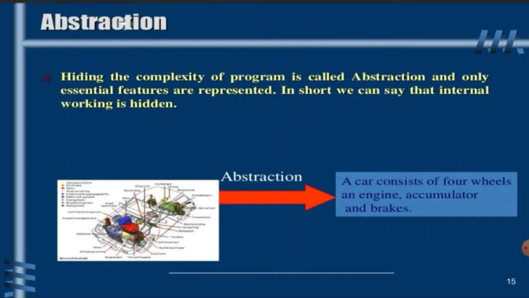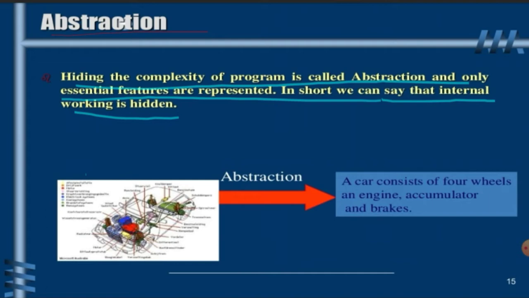Now abstraction. First is abstraction. Hiding the complexity of a program is called abstraction, and only essential features are represented. In short, we can say that internal working is hidden. Like this is a car. When you sit in a car, do you think of what the car contains?